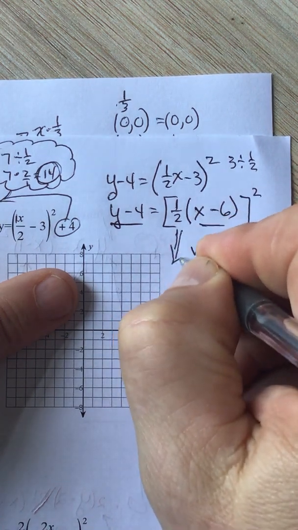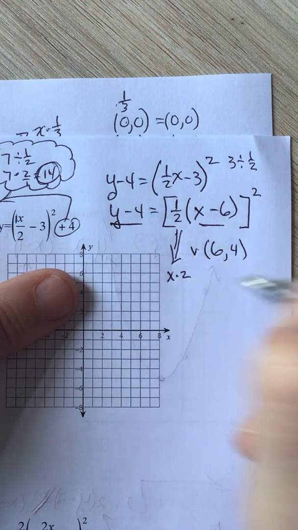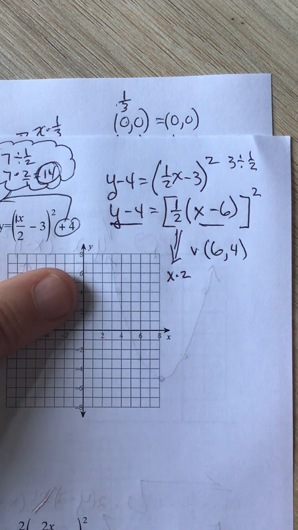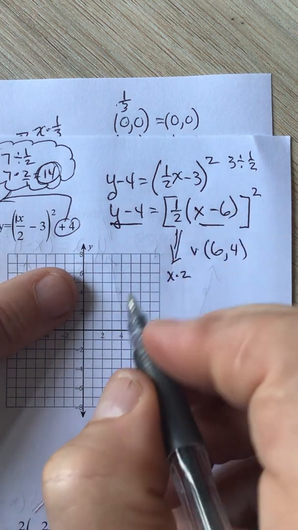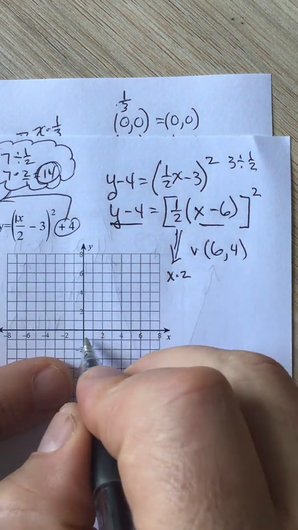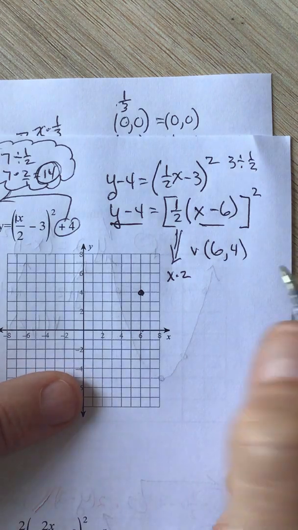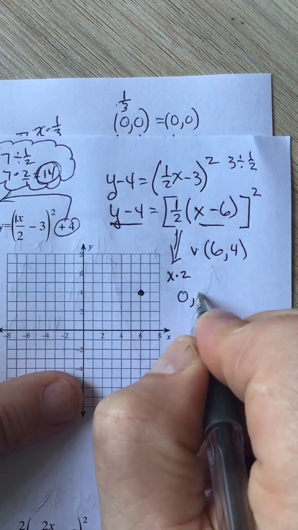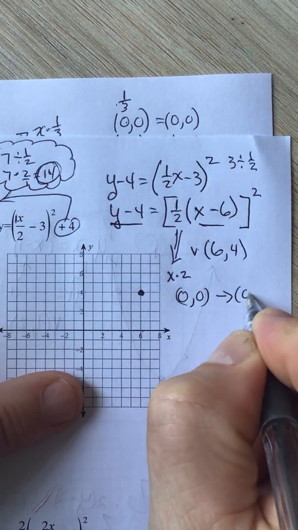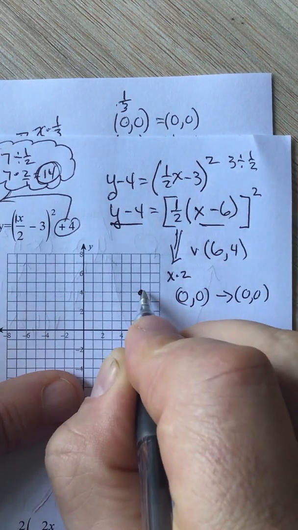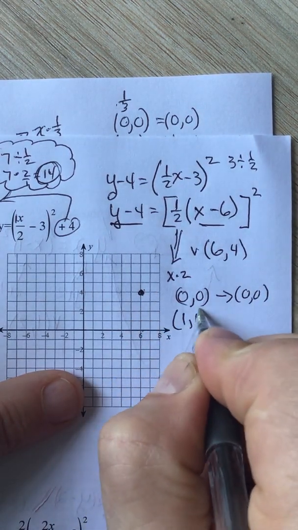So the vertex then is at positive 6, positive 4. And the inverse of a half, the x's are going to be times 2. This is going to be 2 times as wide. So I'm going to start at the 6, 4. Over 6, up 4. Starts right there. Okay, so 0, 0 stays 0, 0. Doesn't move. The vertex right there is not going to move. But then I'm supposed to go 1, 1.